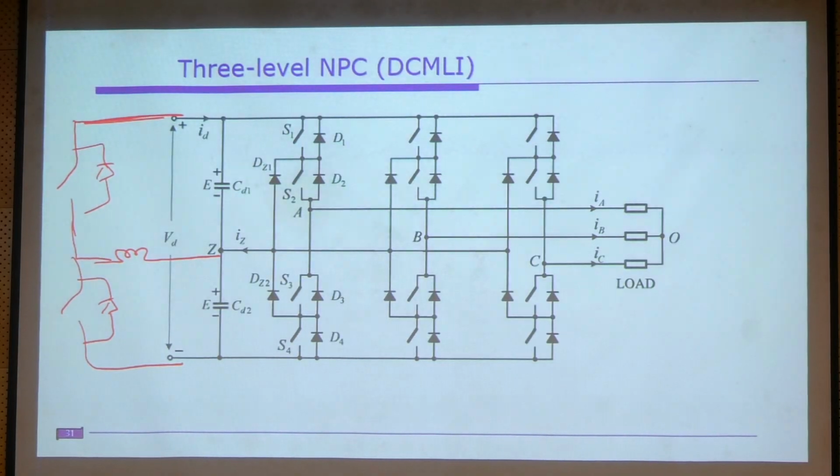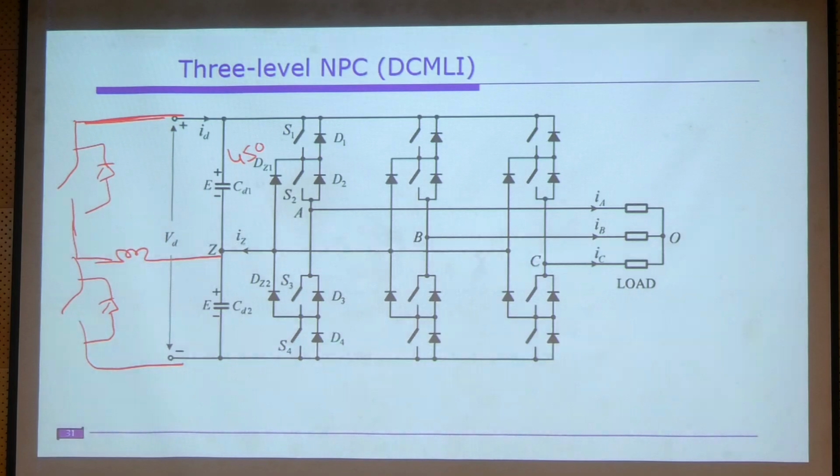The objective is to balance the two capacitor voltages. Let us assume the top capacitor has excess charge, charged to 450 volts, so the other is supposed to be 350 volts. In both capacitors, your objective is to maintain 400 volts.